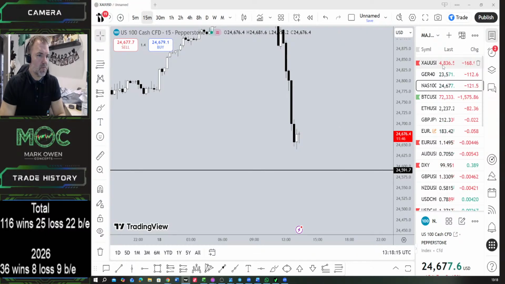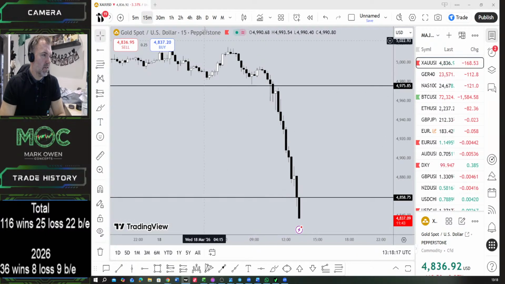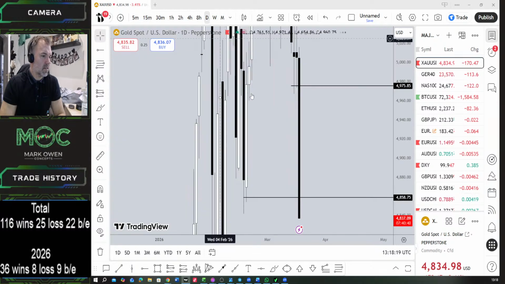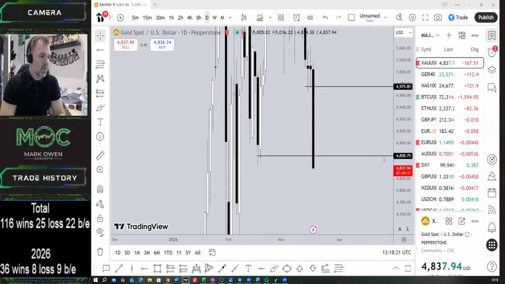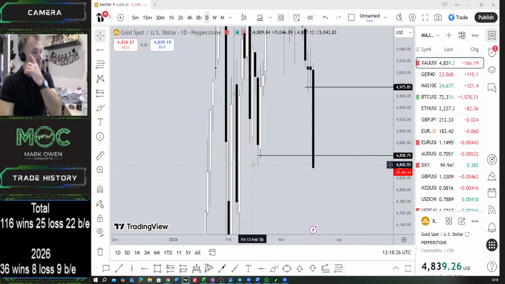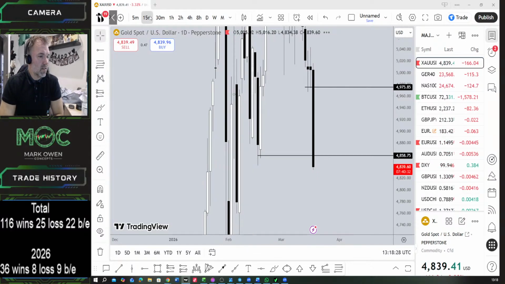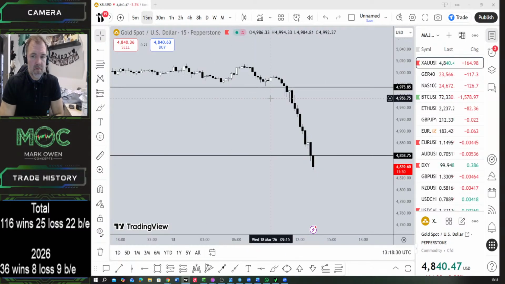Oh, look at it go. Now we've taken out these lows here. I wouldn't want to sell here on the basis that the market's so close to that structure, but once it broke that structure up here, it's literally just downrange, downrange, downrange.